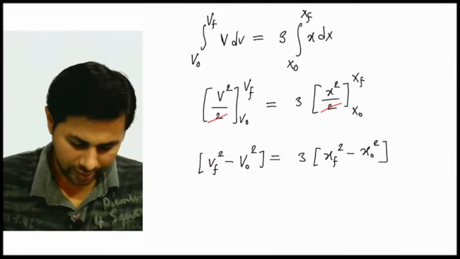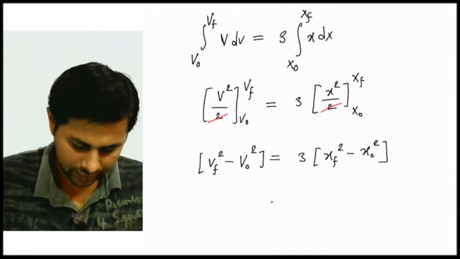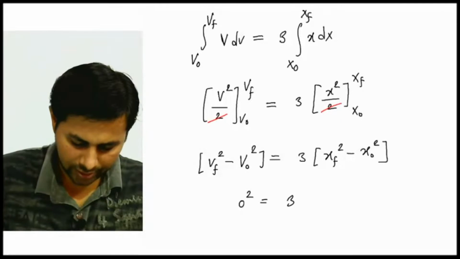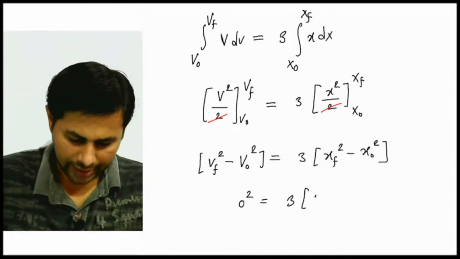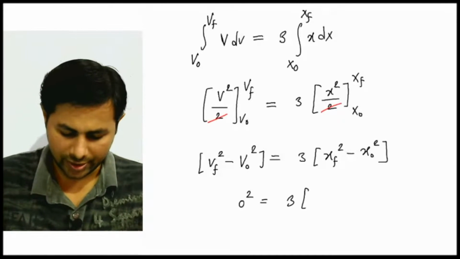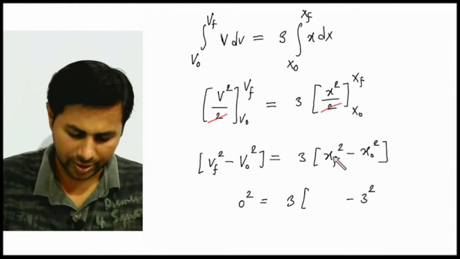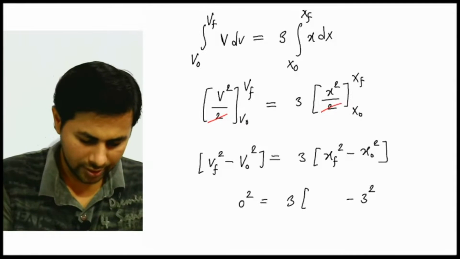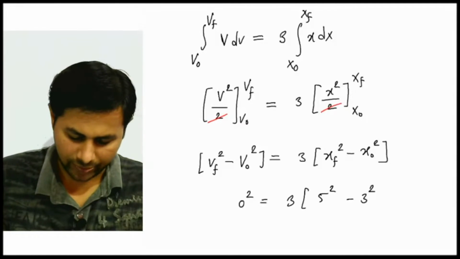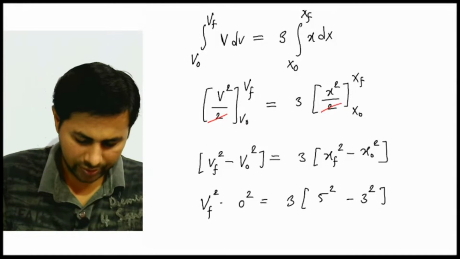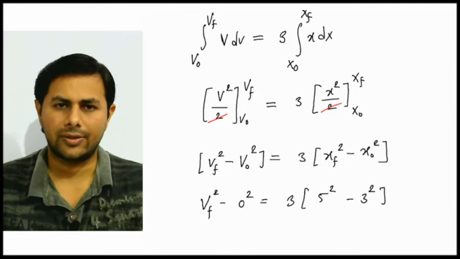Okay, so initial velocity is 0 and initial position is 3. So 3 squared, final position xf is 5. So 5 squared. Okay, 5 squared minus 3 squared and this will be vf squared minus 0 squared.